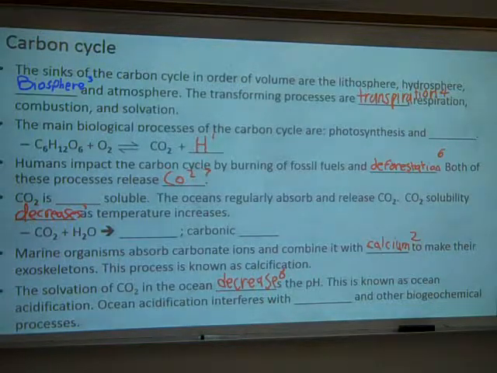And another property of carbon is that it can form bonds that can store energy. And that's primarily what happens with photosynthesis and respiration.